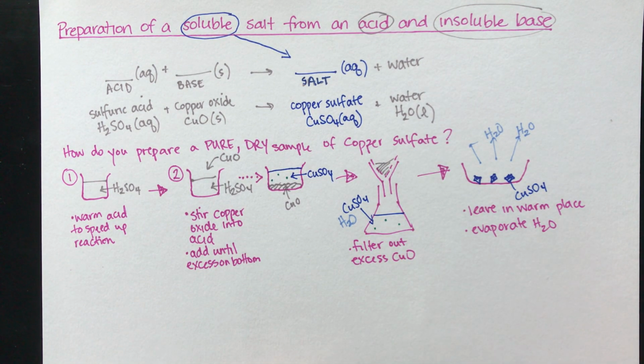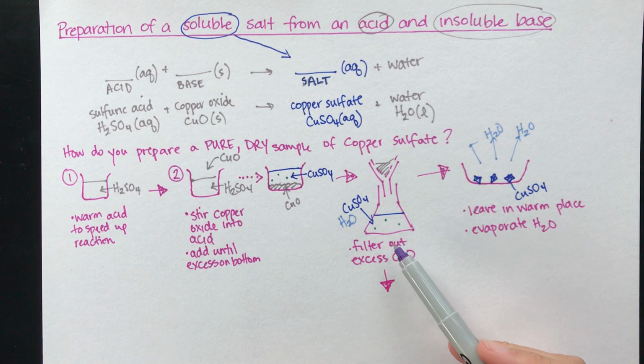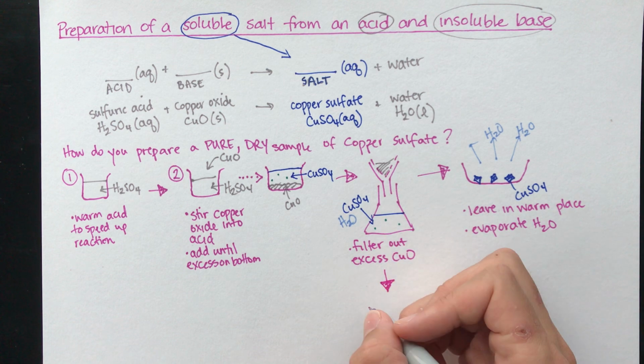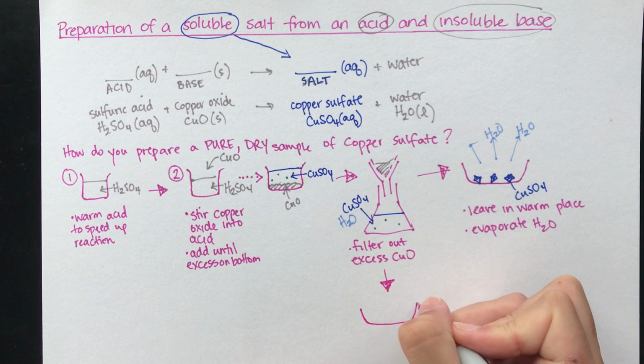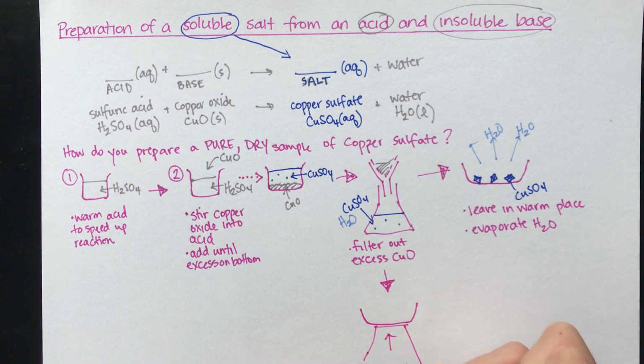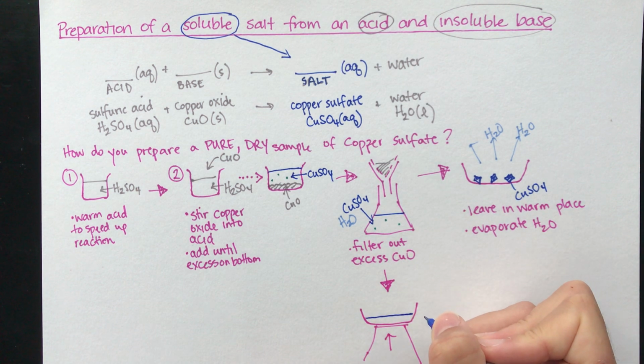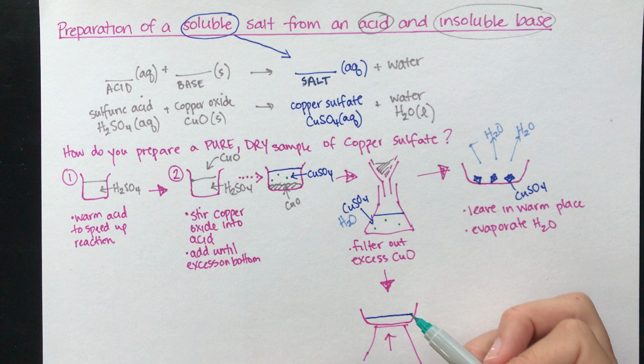So to do crystallization, you need to saturate this solution. And the way we saturate a solution is by heating it with a Bunsen burner. Heat that solution to remove about half the water. So you're left with a really concentrated copper sulfate.